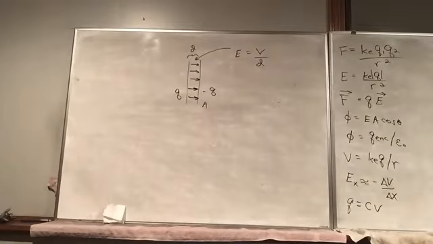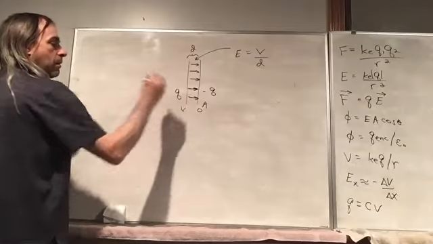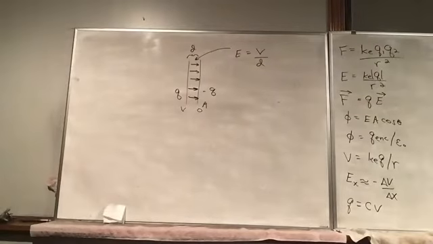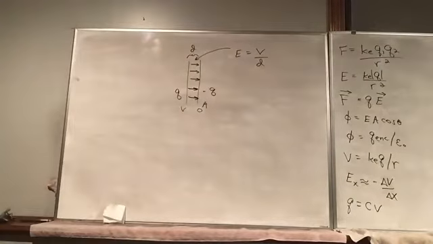But again, we treat a capacitor as a single object. So we could set the negative plate to 0, then the positive plate would be at a potential V. So remember, electric fields go from high potential to low potential.